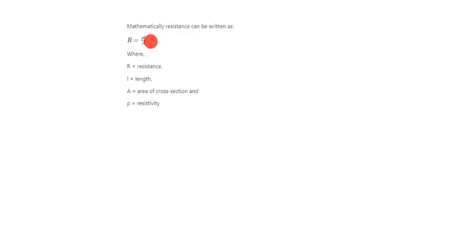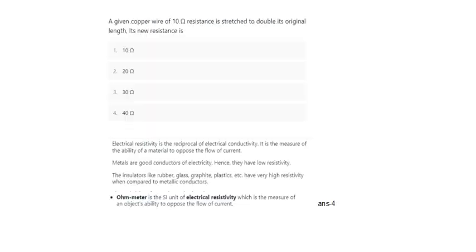So L becomes 2L, A becomes A by 2. This gives R equals 4 rho L by A. So 10 ohm into 4 equals 40 ohm. The resistance value will be 40 ohm.